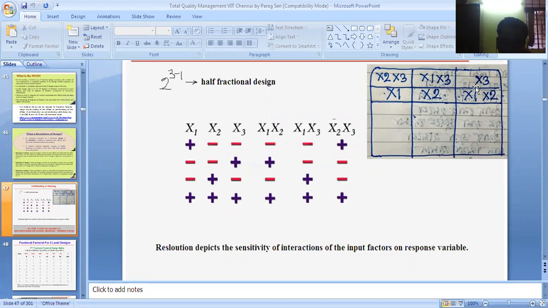Because here one main factor is confounding with 2 factors.